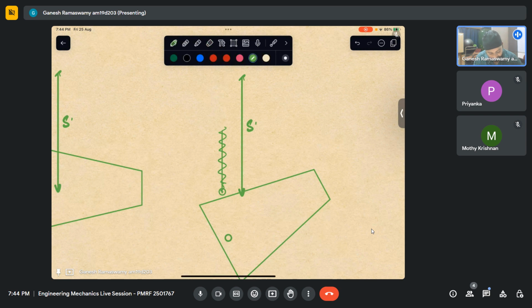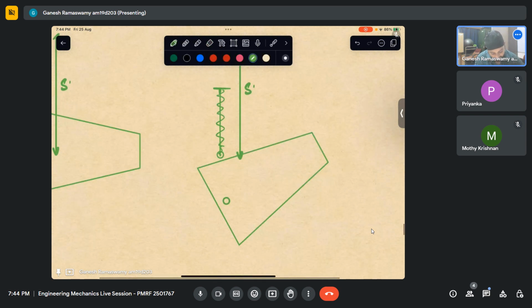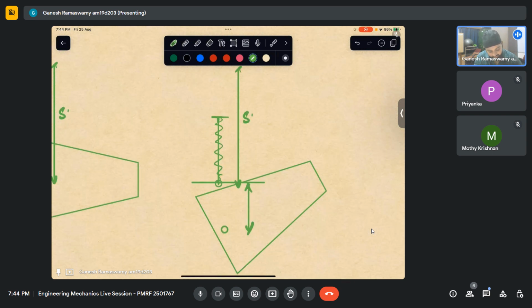That point A would have come here. But it is constrained to stop here. So naturally this becomes the final length of the spring, S1. And this is X.